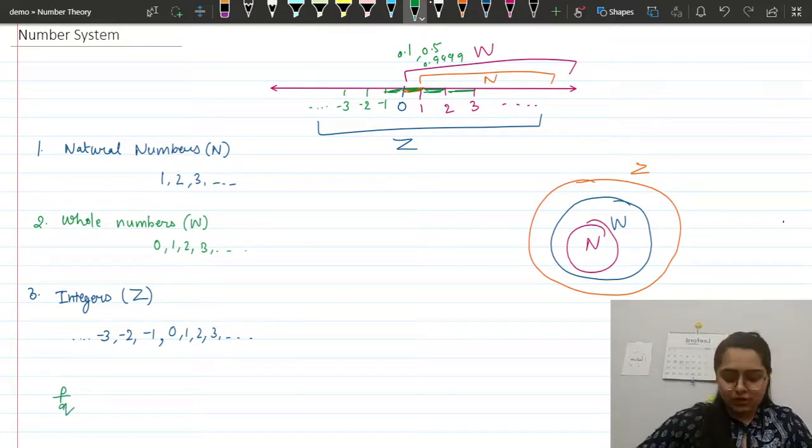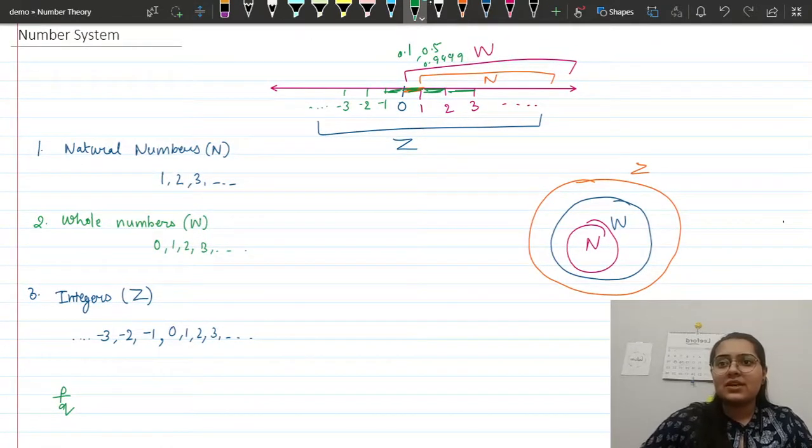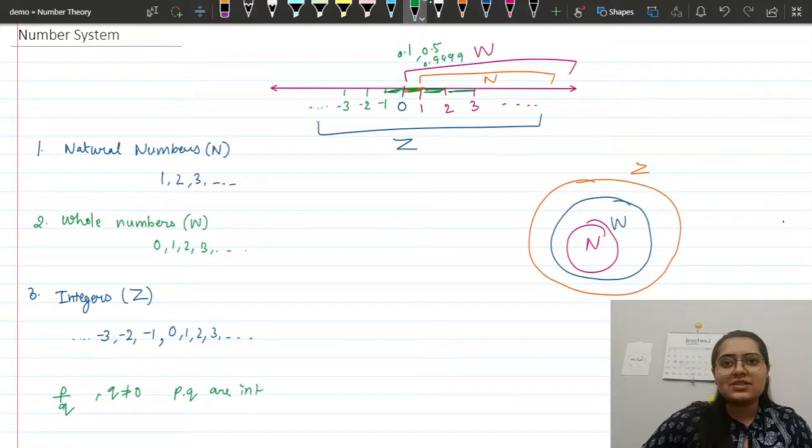So this P upon Q that we see here is the fraction form, where Q is not equal to 0, and P and Q are integers.